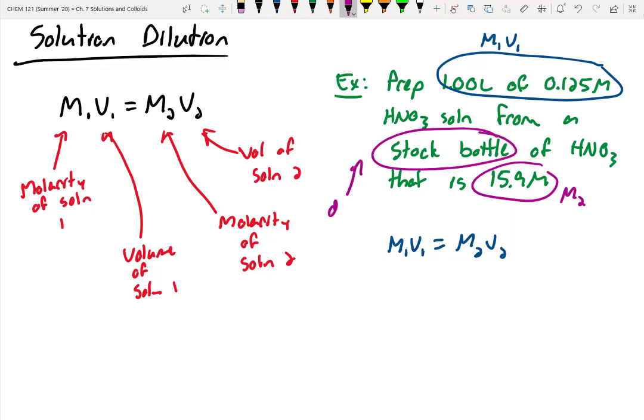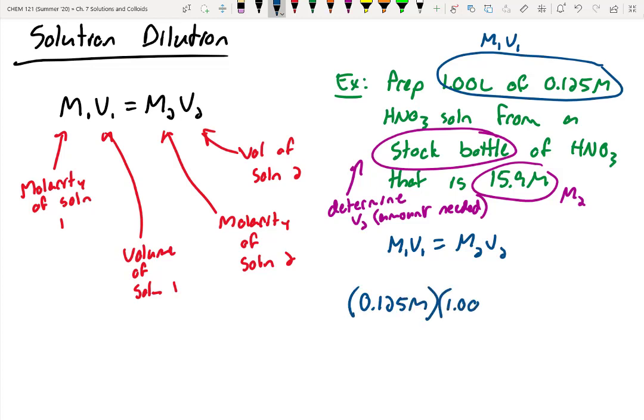So determine V2, which is the amount needed for dilution. Okay, so let's do this really quick. We could say, well, M1 was 0.125 molar. V1 was 1.00 liters. That's the amount we're going to dilute up to. And then M2 is going to be 15.9 molar. And then we need to solve for V2.